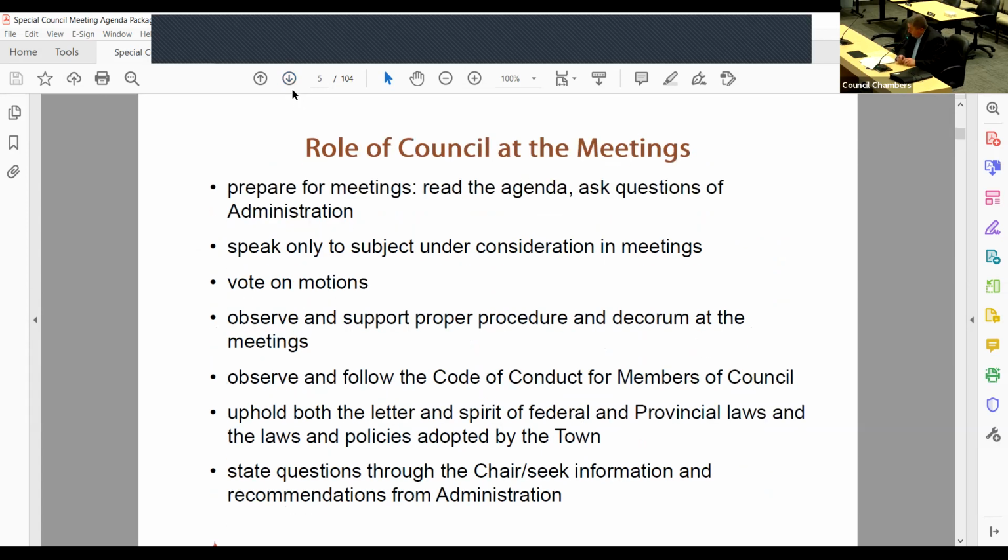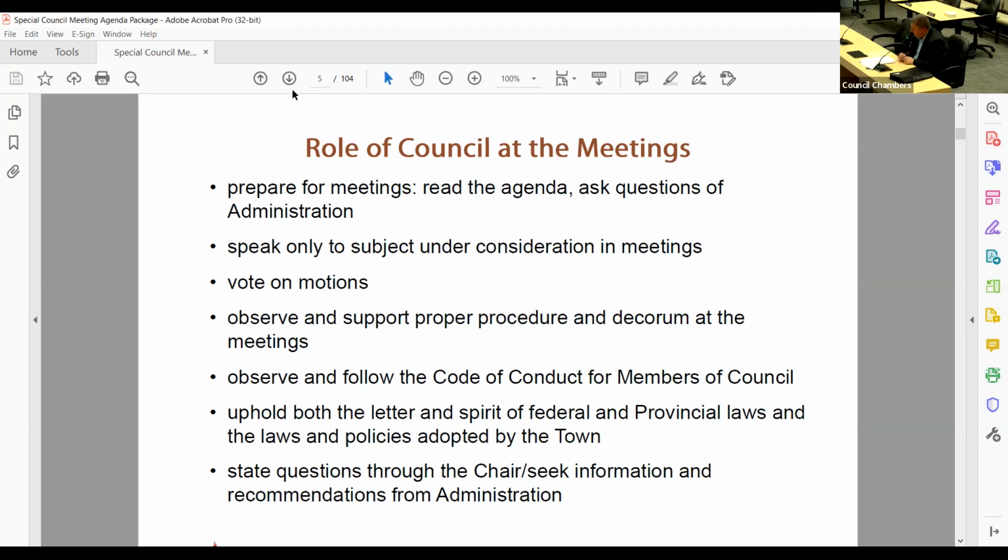So the role of council at the meetings, and I can't emphasize this more, is that these are council's meetings. The meetings are a key focal point of each councillor's role and their obligation to the residents or to the citizens.